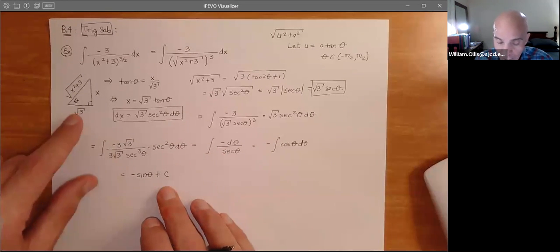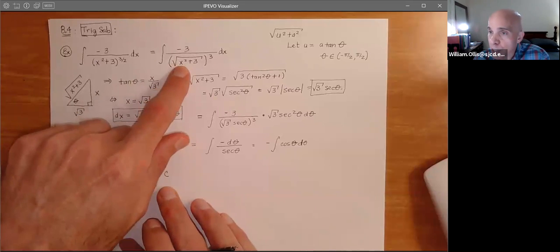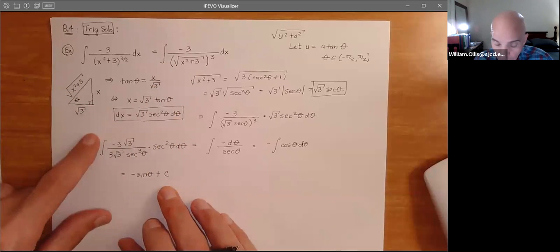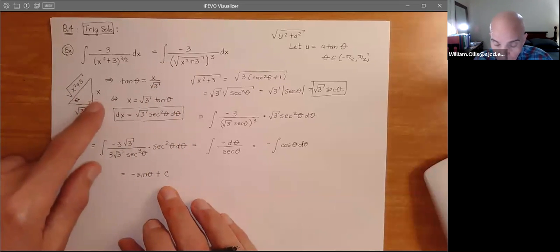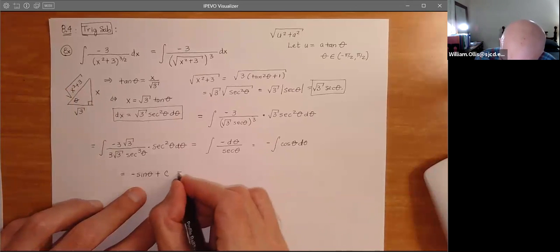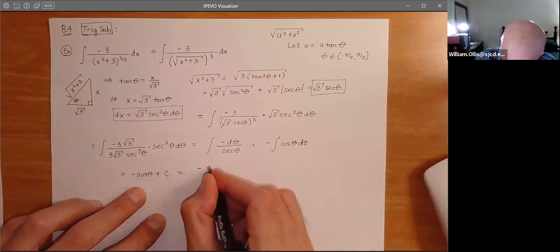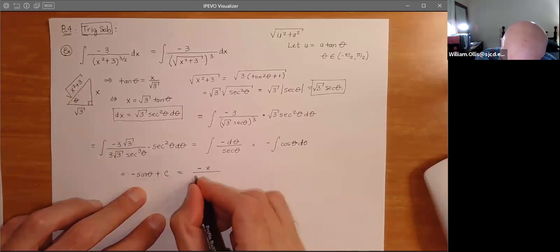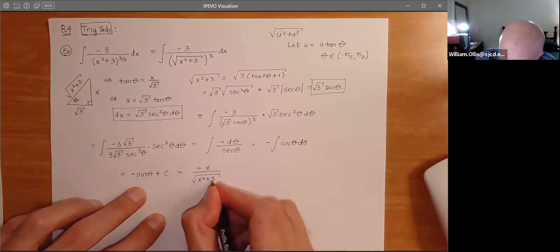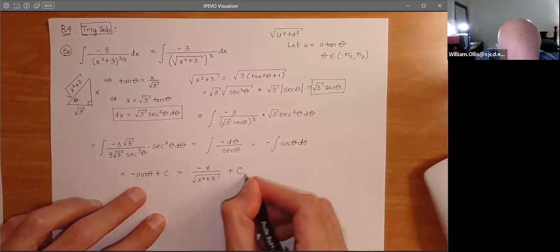This is why it's very convenient to have the triangle that represents the Pythagorean radical. So now we can just do sine of theta, which is opposite over hypotenuse. So this will give us negative x divided by the square root of x squared plus 3, plus a constant.